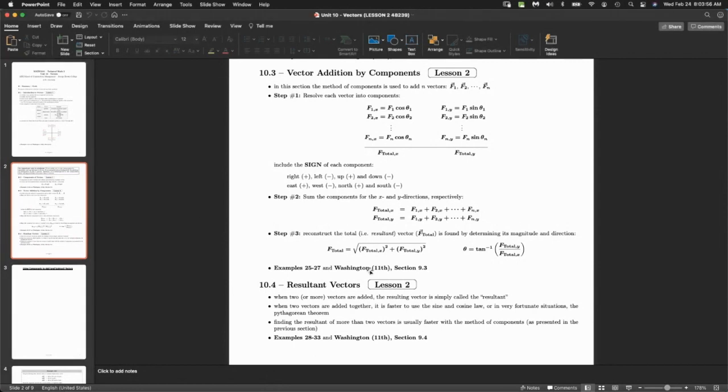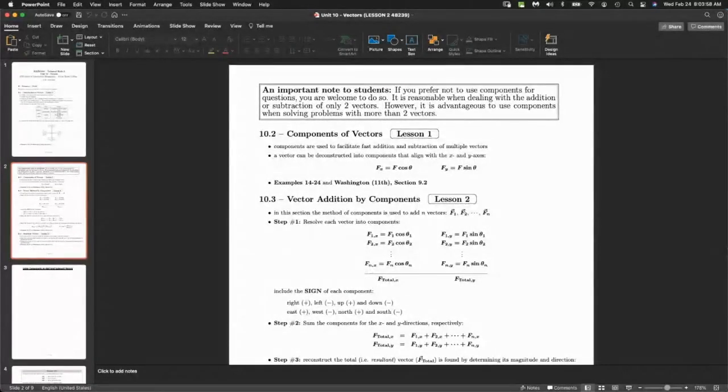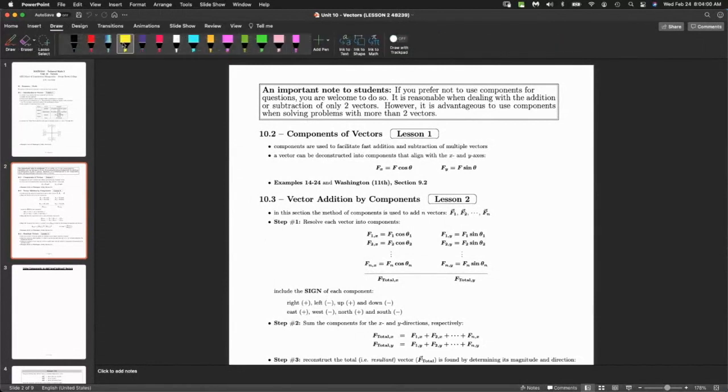So I'm referring to the top of page 2 of the notes. I'll highlight this so when people come and see this later, this thing right here, okay? I'm going to just start coloring here. Why is this so important? Because I'm not forcing you to use the method of components when you're adding two vectors together.